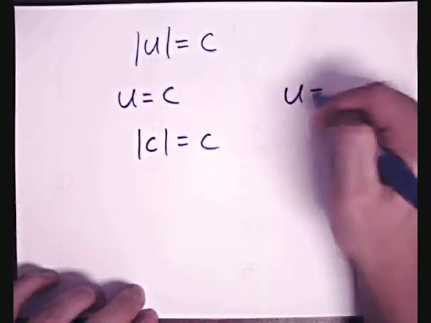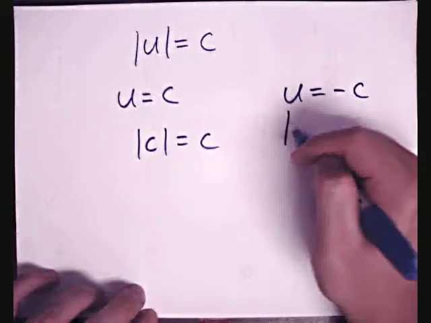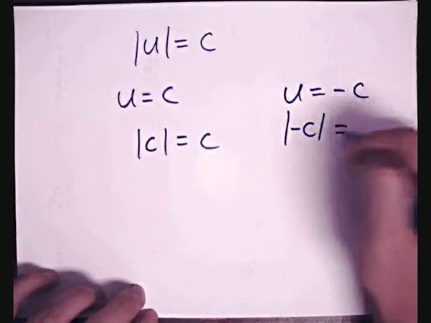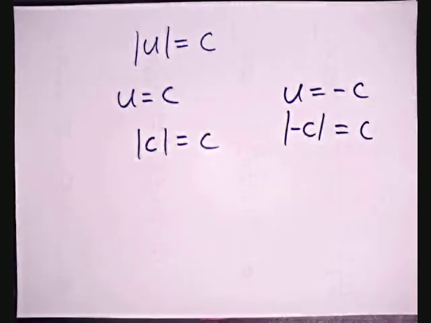Or if I make my expression equal to -c, I'd have the absolute value of -c is equal to c. So when I solve an absolute value equation, our strategy is to get the absolute value alone, and then use this idea to write two separate equations that we solve for x.